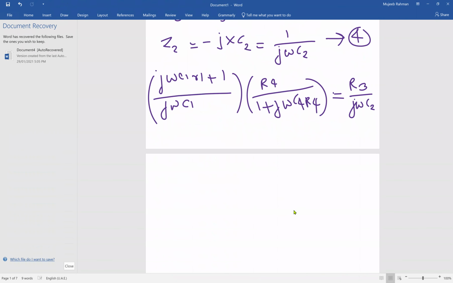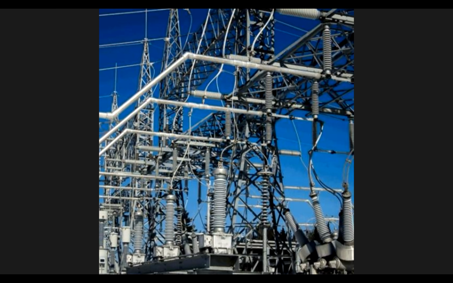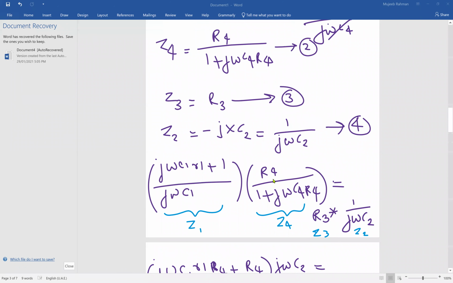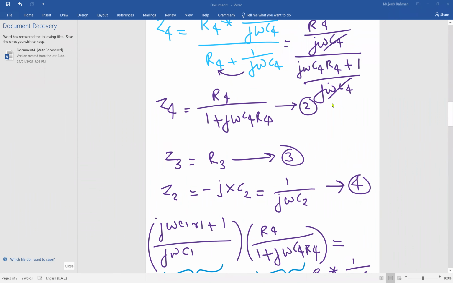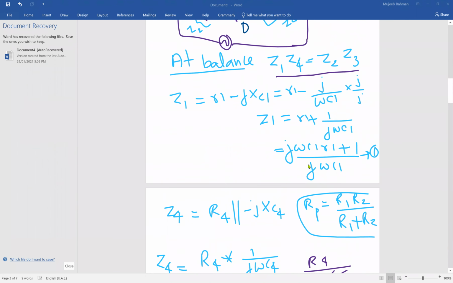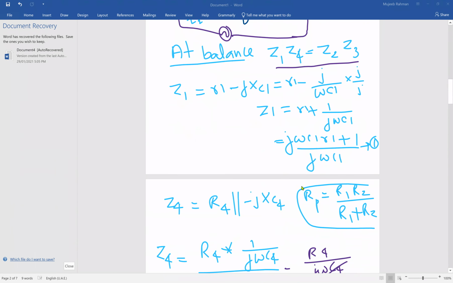Now, if you try to simplify these two, when the bridge is balanced, we can apply the rule Z1 Z4 is equal to Z2 Z3.